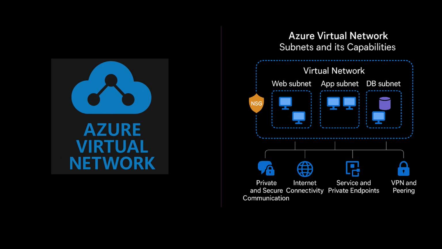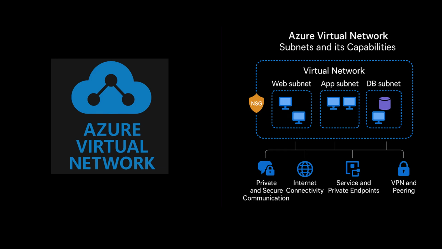And to ensure high availability and disaster recovery, you use VNet peering to connect this environment to another VNet in a different Azure region. With this setup, you built a secure, segmented, and highly available architecture for your web app.